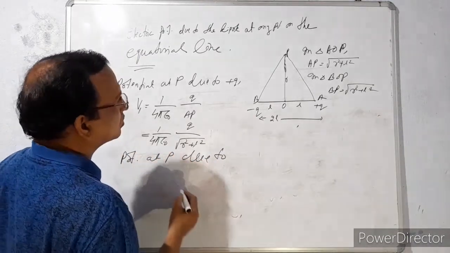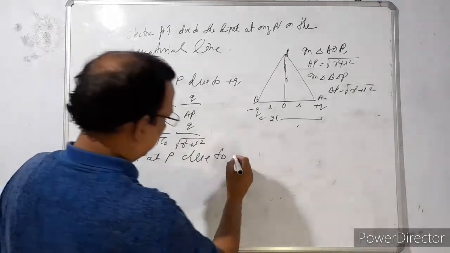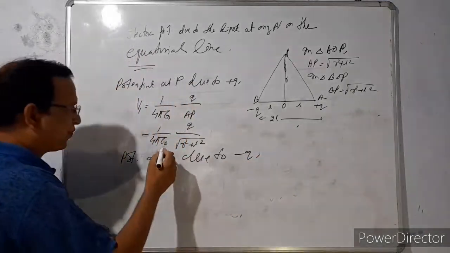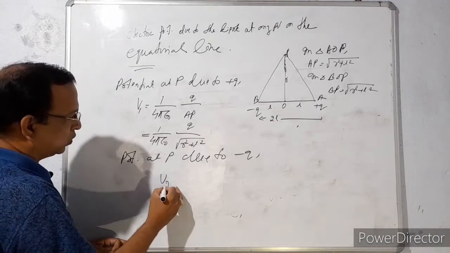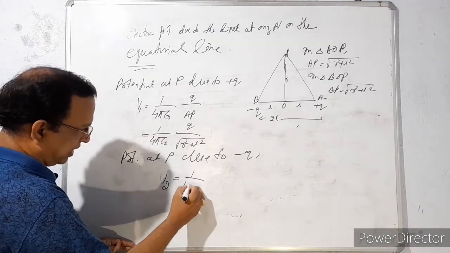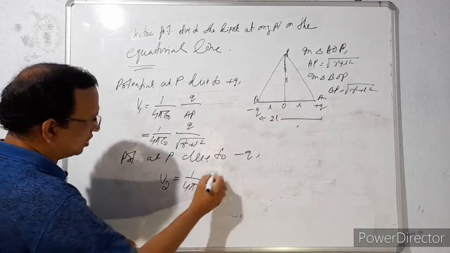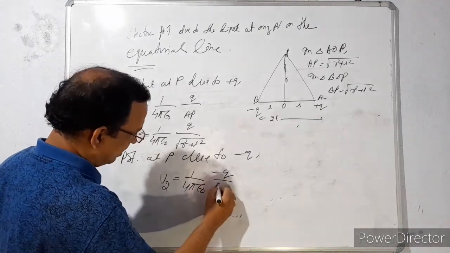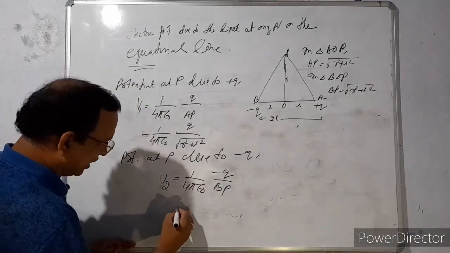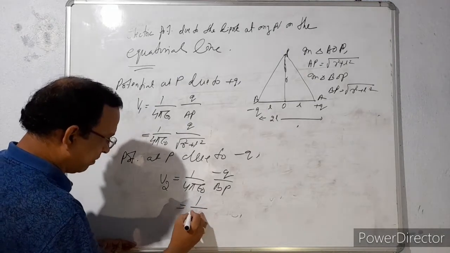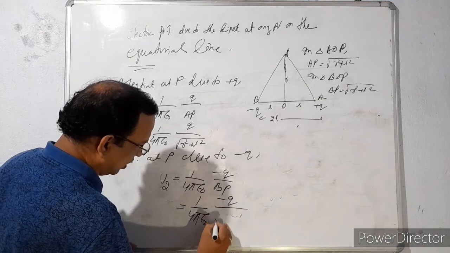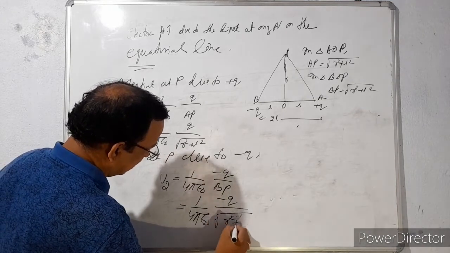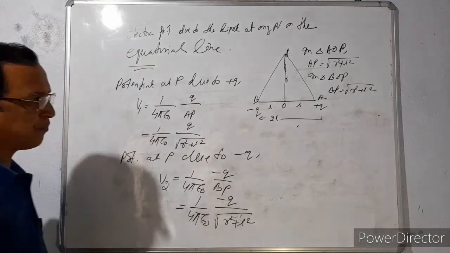Now the electric potential at P due to minus Q charge, V2, is equal to 1 by 4 pi epsilon naught minus Q by BP, that is equal to 1 by 4 pi epsilon naught minus Q by root over of R square plus L square.